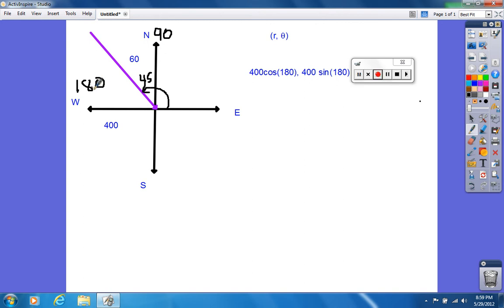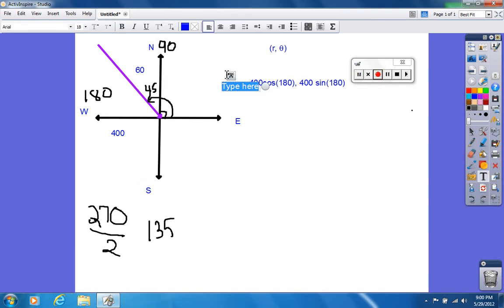So 180 plus 90 is 270, and then dividing by 2 because it's halfway gives me 135. The other way to think about it is this angle right here is 90 degrees plus an additional 45, which is 135. So that we're sure about this, this is the plane and this is going to be the wind.